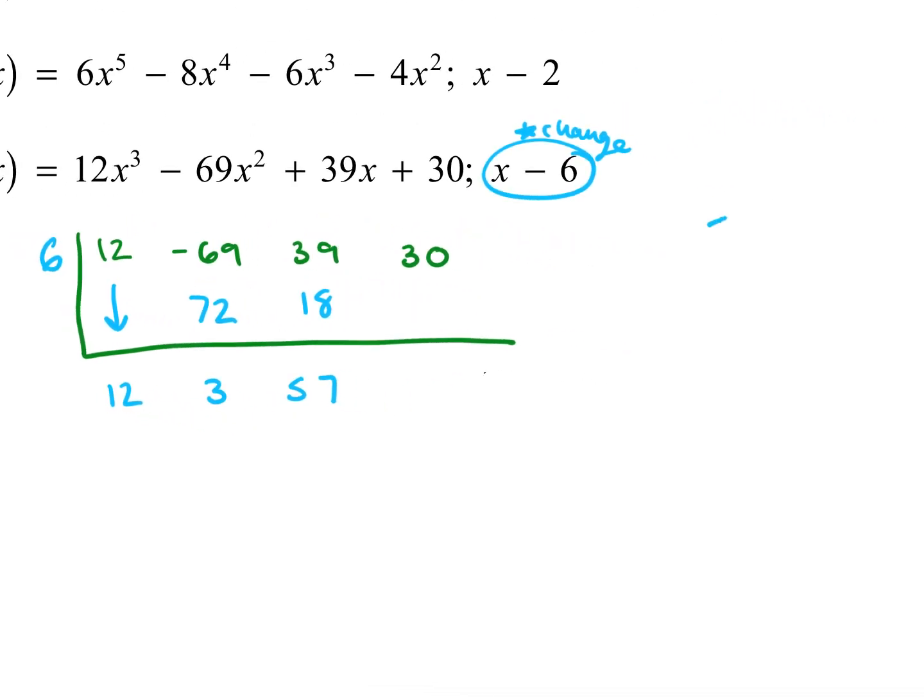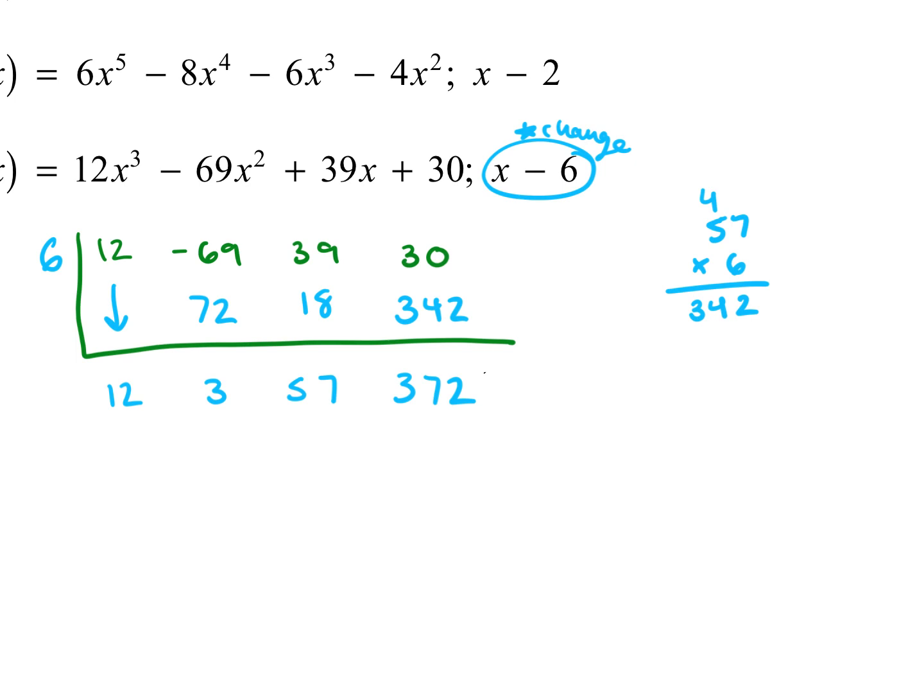Let's write it out. 57 times 6. 6 times 7. What is it? 42. 6 times 5. 30 plus 4. So 342. 342 plus 30 would be 372. How can we determine if it's a factor or not?